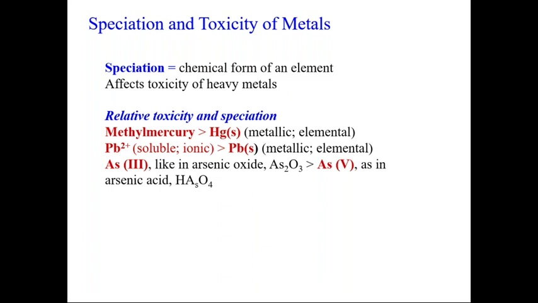Lead, the soluble ionic form Pb2 plus, is more toxic than elemental lead, and arsenic in arsenic oxide is more toxic than arsenic. So this ionization is known as speciation of toxicity in metals.